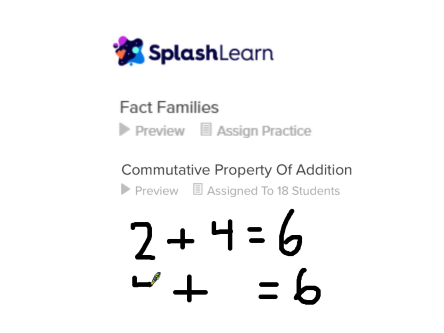Then you should know that 4 plus 2 equals 6. That's what this one is. All right? This is super important for you to know, grade 1, so that's why you're having so much practice with it.